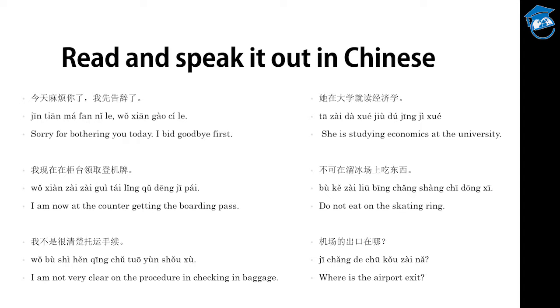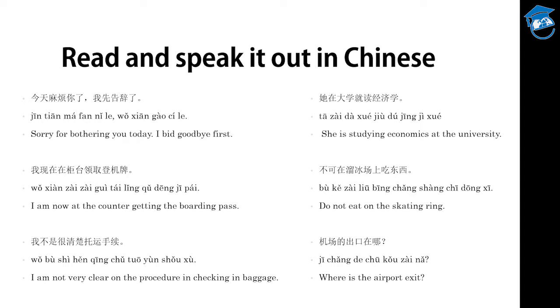Okay, 出 is out, and then 口 is mouth, but it can also mean gate. Okay, or like a gate or a door. Alright, so 出口 is like the gate or door to get out.